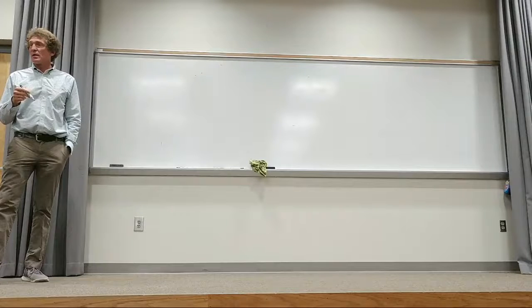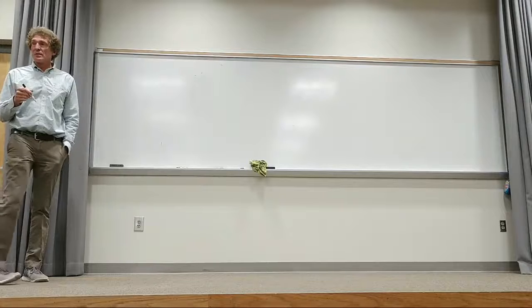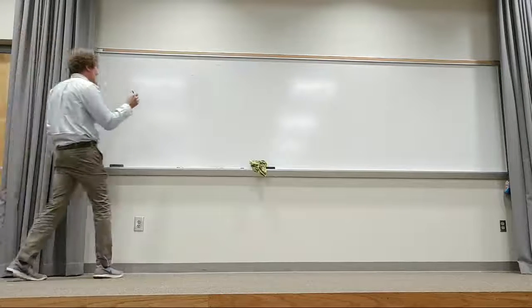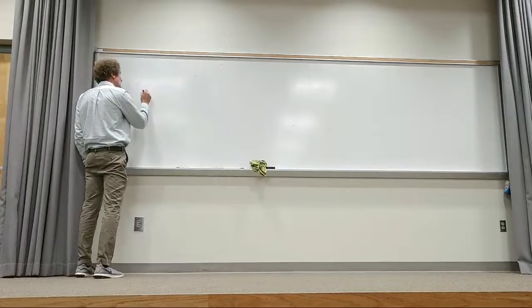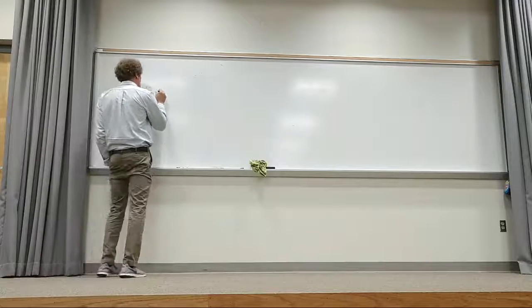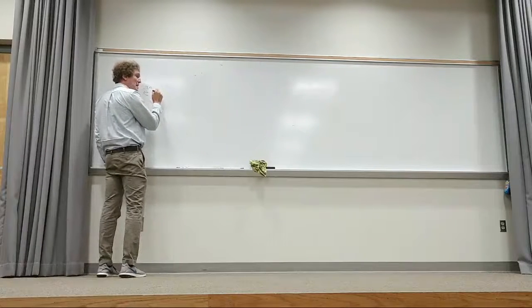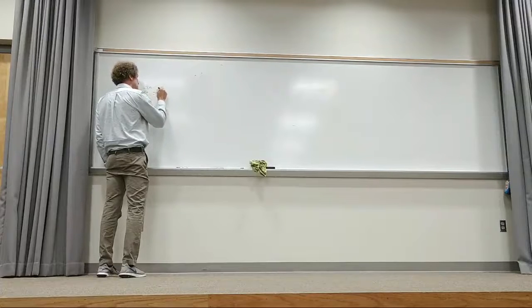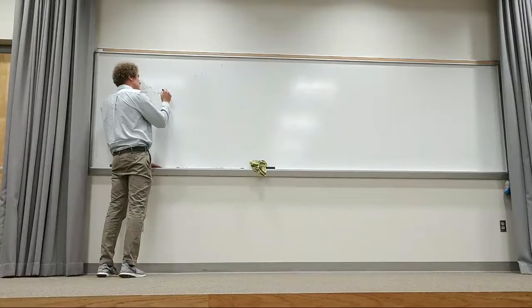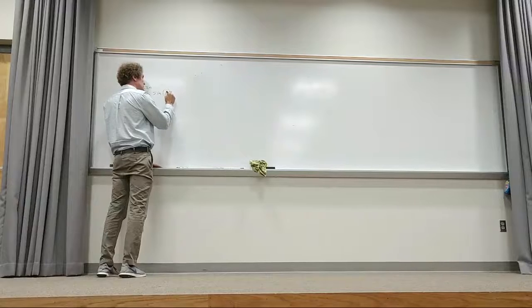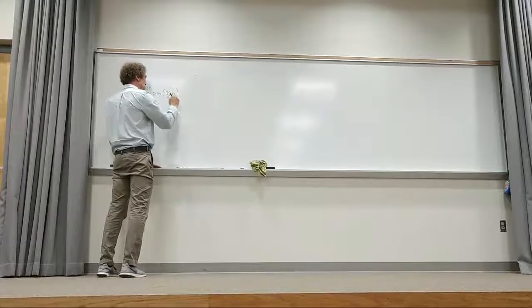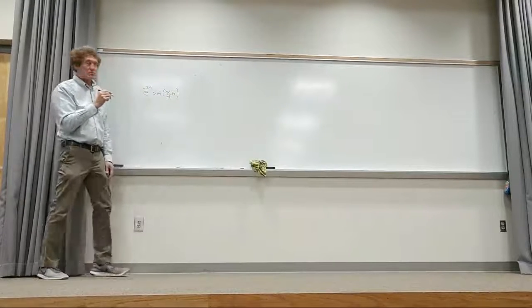This is Monday's problem: e to the negative 2n times sine of pi over 4 times n, times u of n.